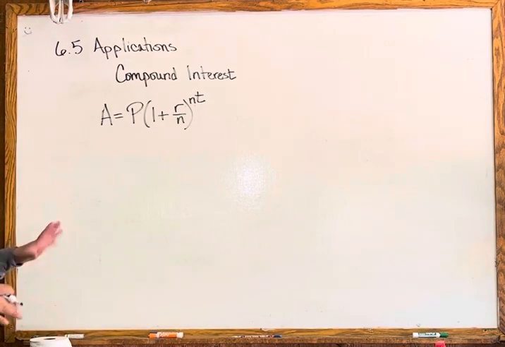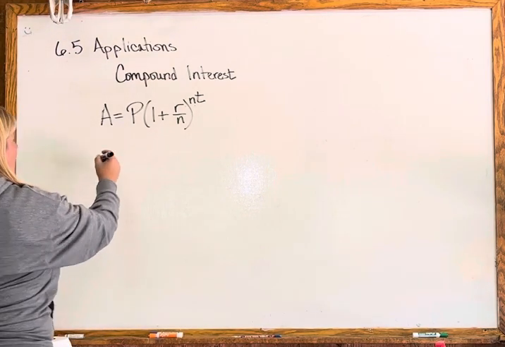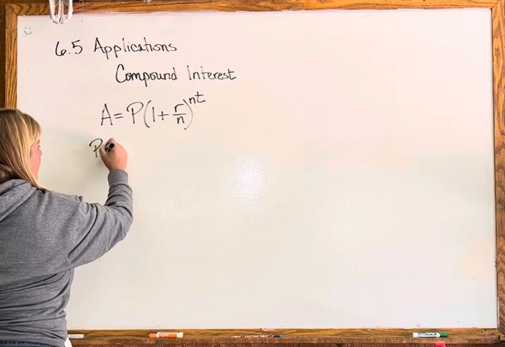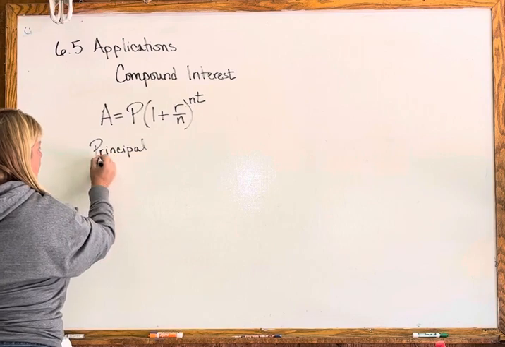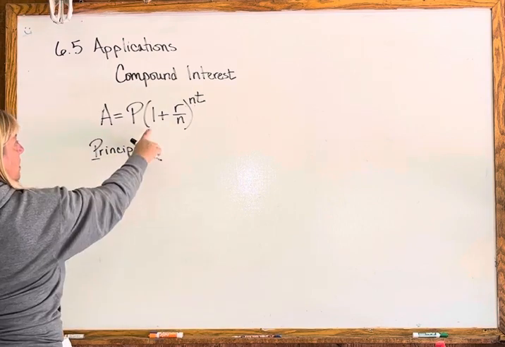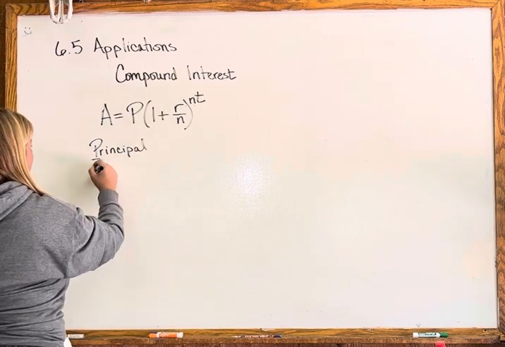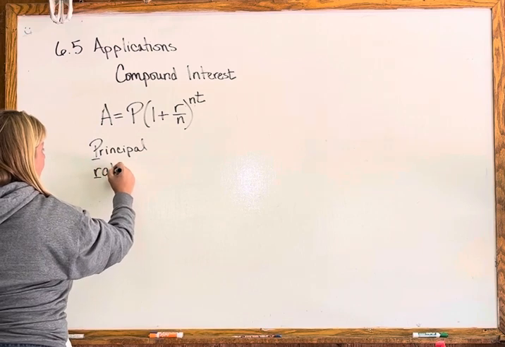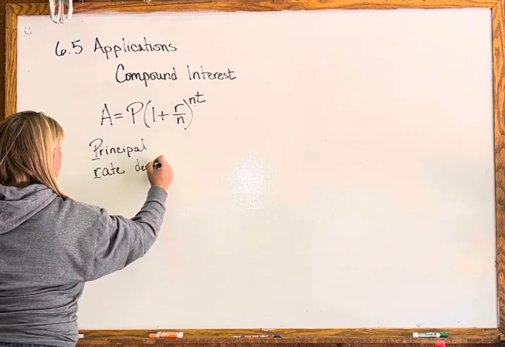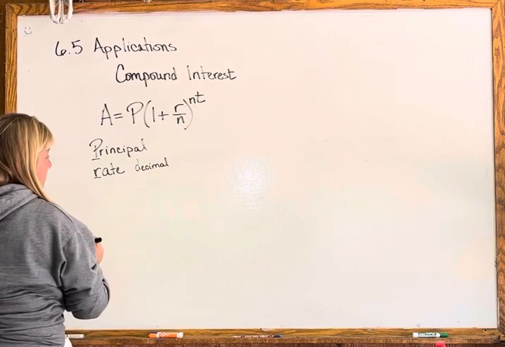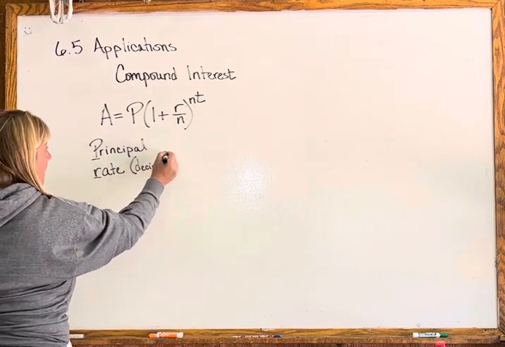So not the prettiest formula, but it's not too bad. When we're doing this, the P is going to stand for principal. So how much money did you put in the account? 1 is the number 1. R stands for the rate, but make sure that this is in decimal form, not percent form, so decimal.